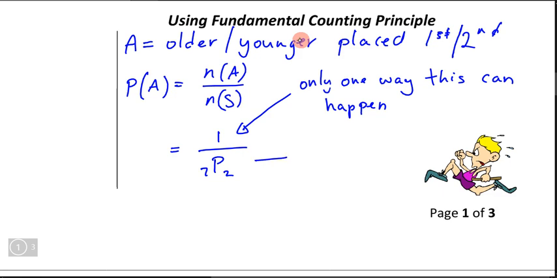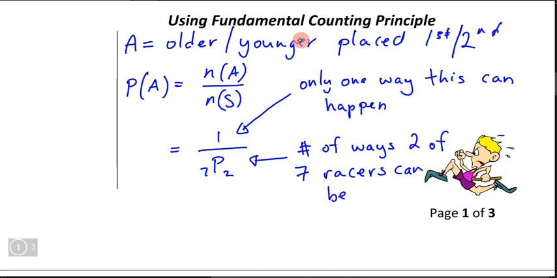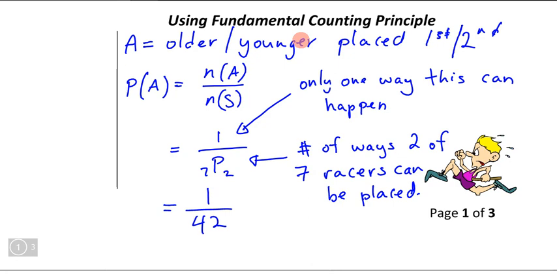And 7P2 represents the number of ways 2 of 7 racers can be placed. Once you calculate the permutation, you'd get 1 out of 42. So there is a 1 out of 42 chance for the older brother and the younger brother to be placed in the first and second spot.